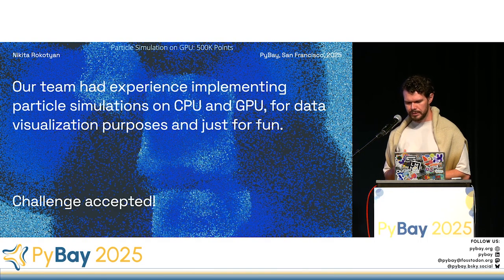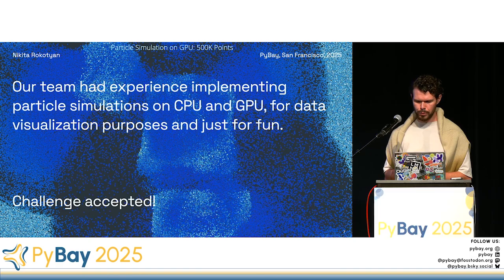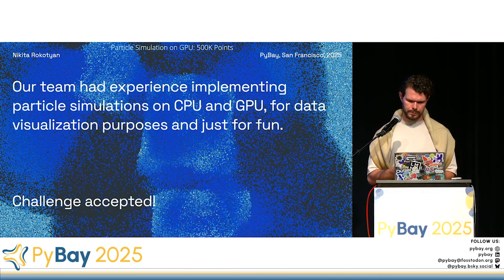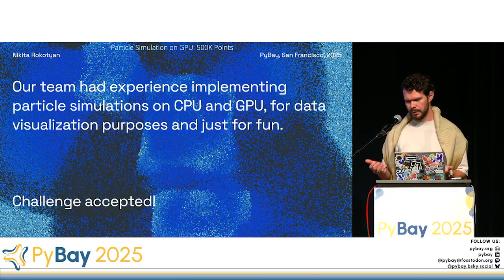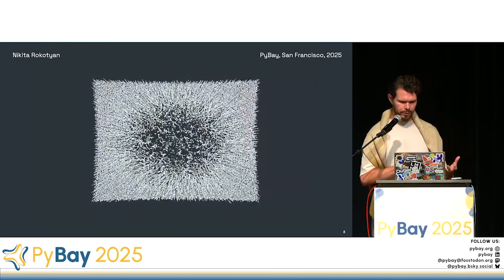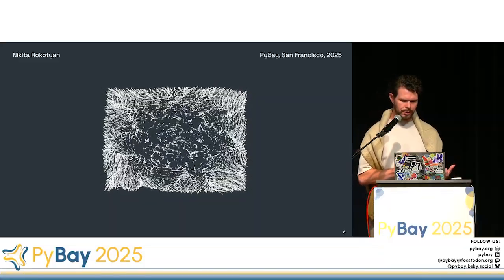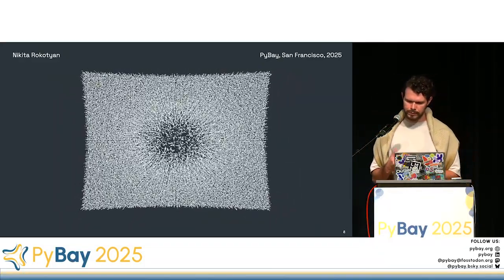We had prior experience implementing particle simulations on CPU and GPU for data visualization purposes and just for fun, so we were curious if we could make it work. It started as a fun experimental project and eventually became Cosmograph. We began with a simple particle simulation to test our ideas. What you see here is probably the first week of development.